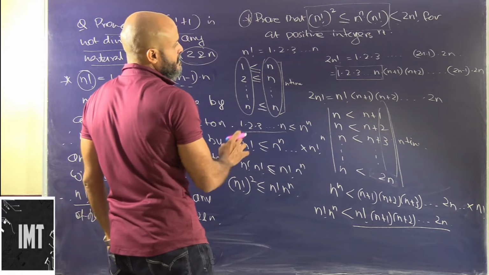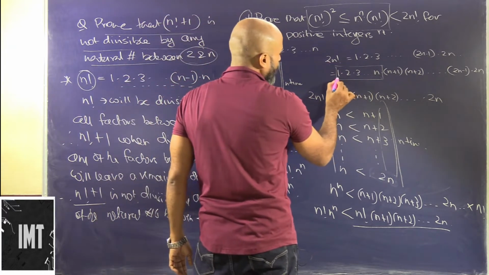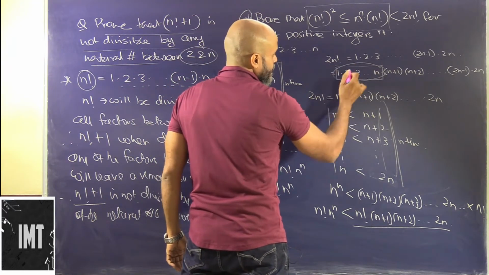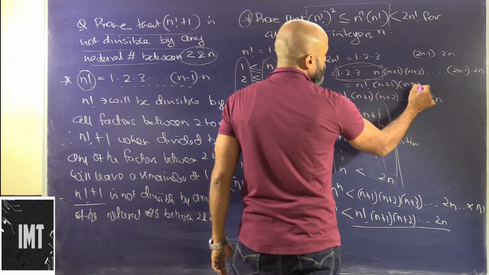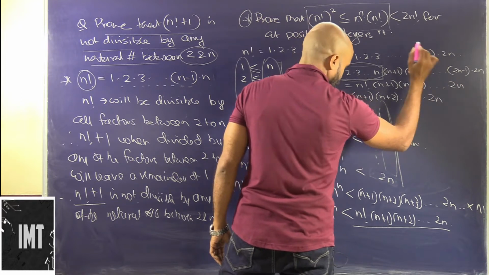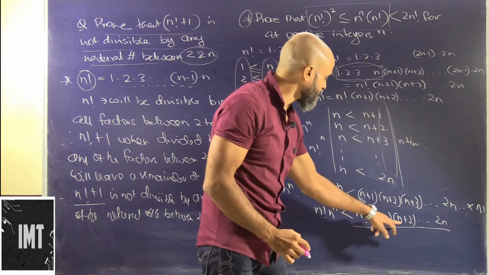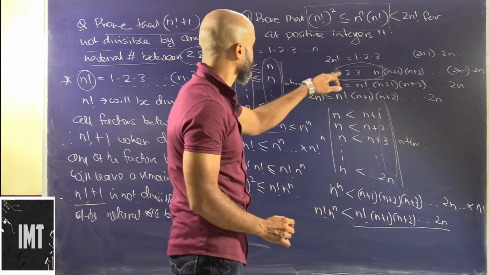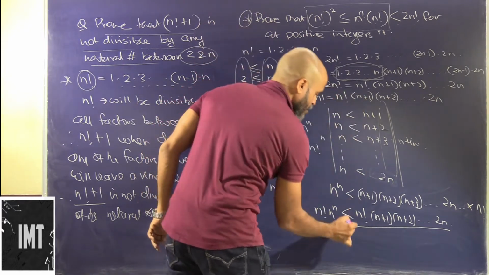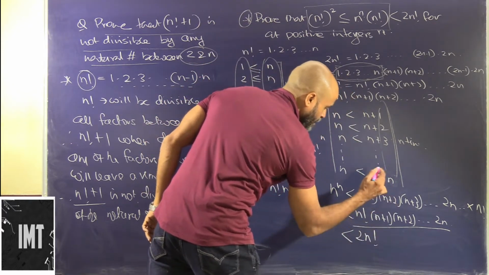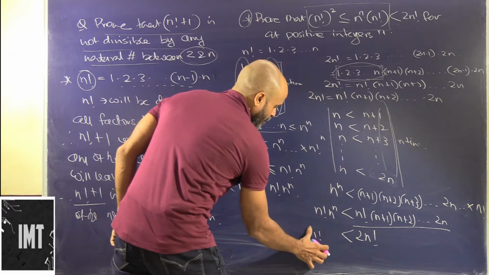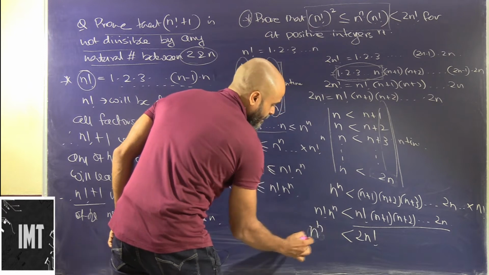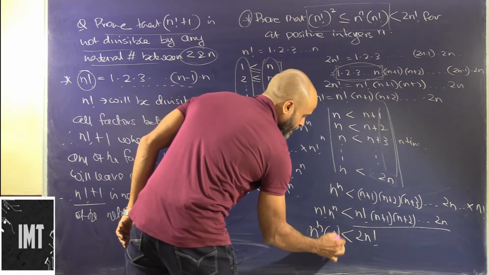We have segregated it already: 1, 2, 3. This can be written as factorial n into (n plus 1) into (n plus 2) till 2n. This represents factorial 2n. So we can write this as factorial 2n, and this as n to the power of n into factorial n.